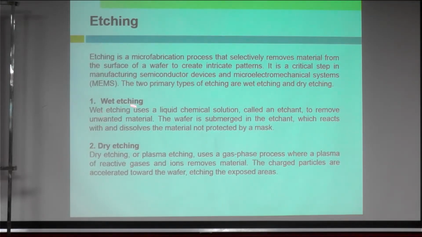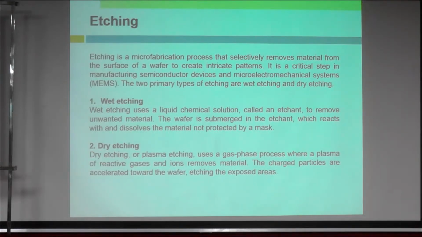What is wet etching? Wet etching uses a liquid chemical solution called an etchant to remove unwanted material or to form a certain structure, certain pattern. The wafer is submerged in the etchant, which reacts with and dissolves the materials not protected by the mask.